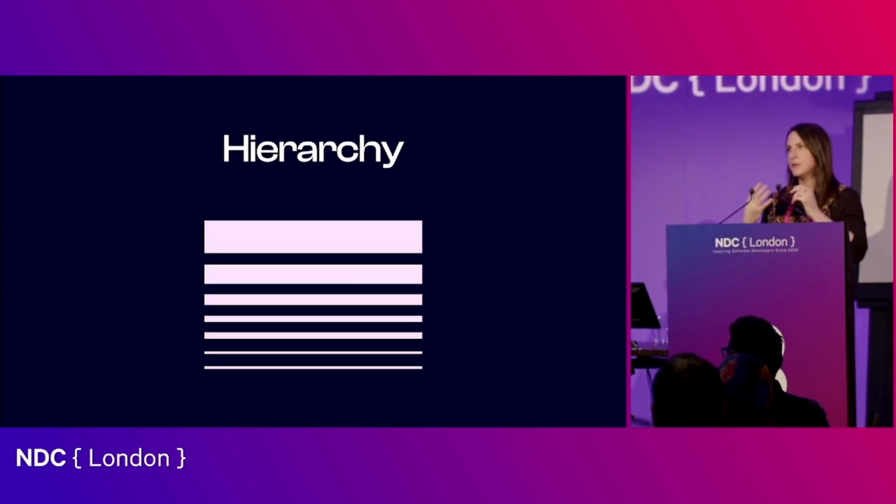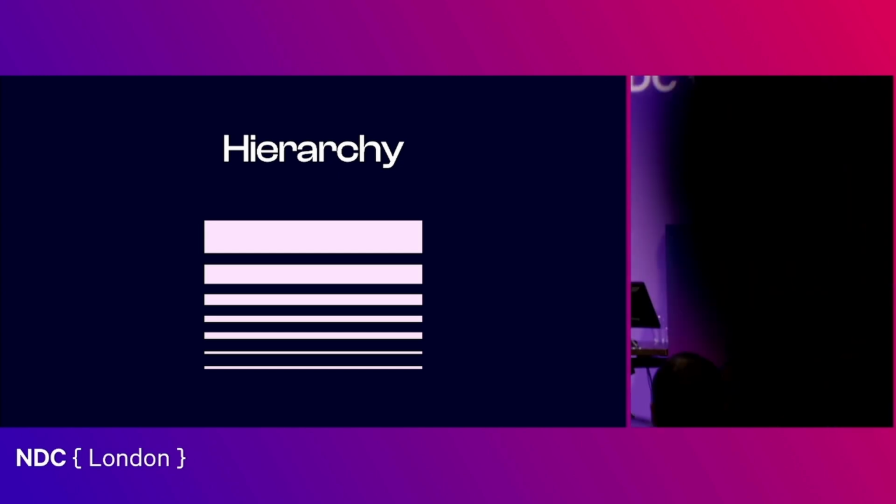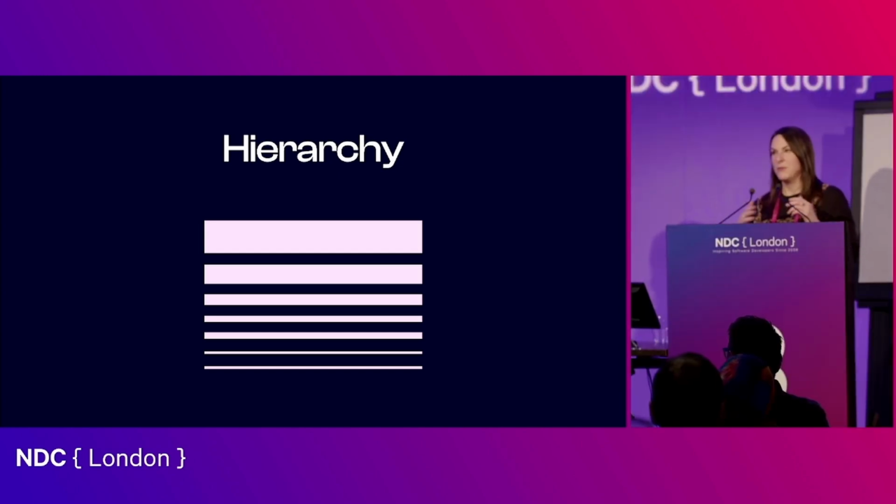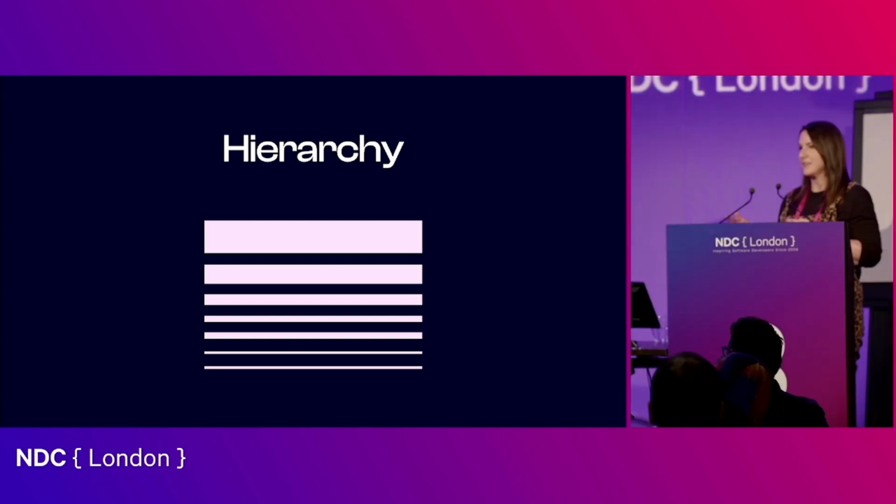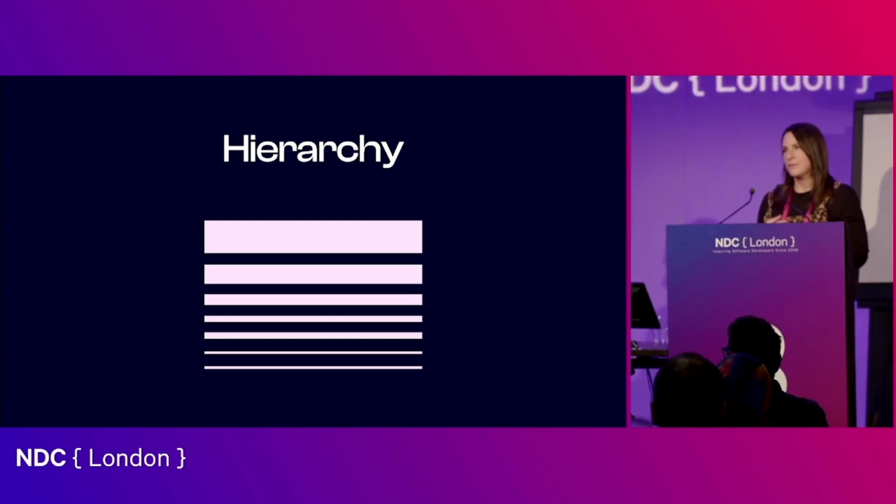So let's start with hierarchy. Similarly to how we think of hierarchy in other aspects of the world, that's a system in which things are arranged according to their importance. So a good design will visually indicate to you what the most important thing is on the page and what that hierarchy of content is.